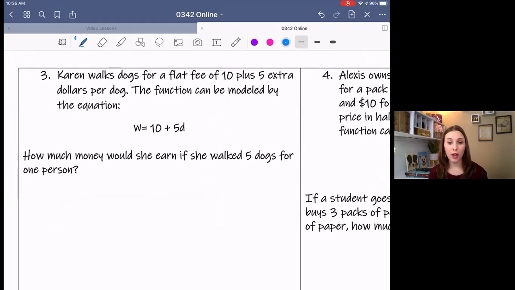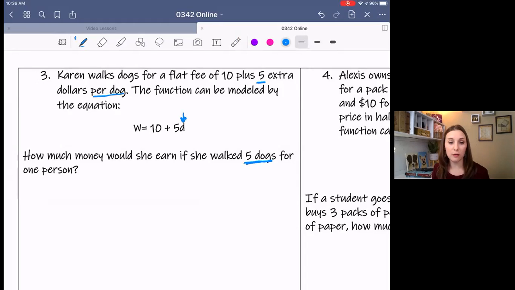Karen walks dogs for a flat fee of $10 plus $5 extra per dog. The function can be modeled by this equation. So she's walking the dogs, and she makes $10 plus $5 per dog. How much money would she earn if she walked 5 dogs? So we need to substitute. It says 5 dogs, and then it's $5 extra per dog.